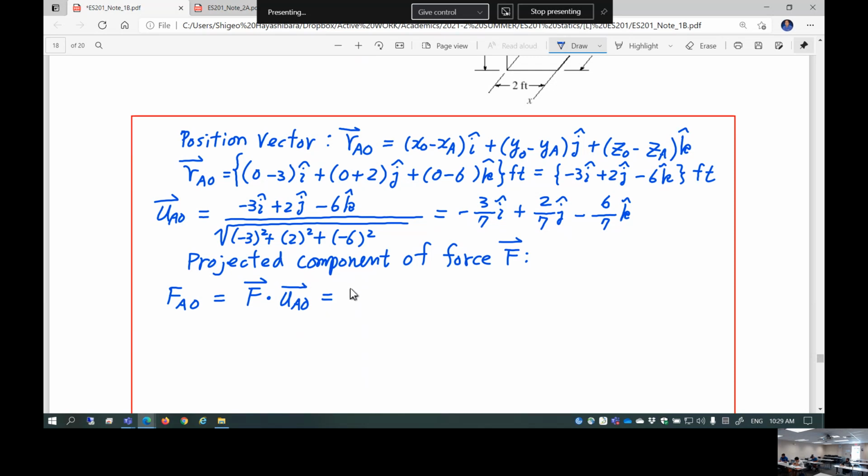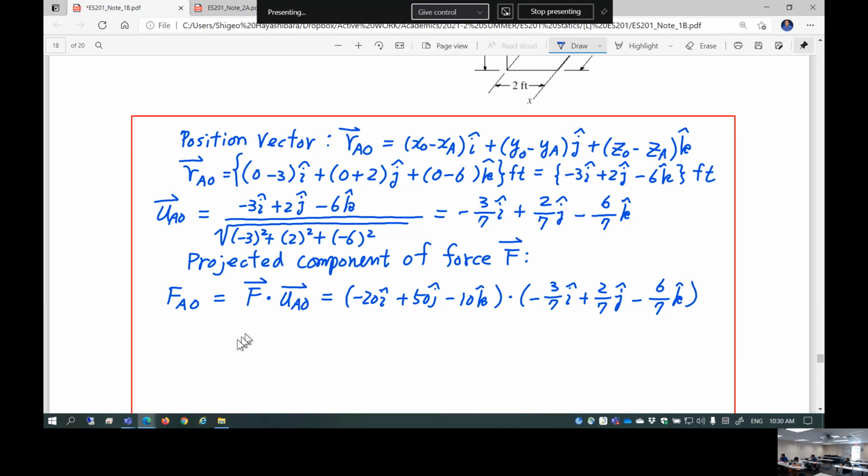The force vector is given in the problem. So this is minus 20I plus 50J minus 10K, dot product against minus 3 over 7 I plus 2 over 7 J minus 6 over 7 K.